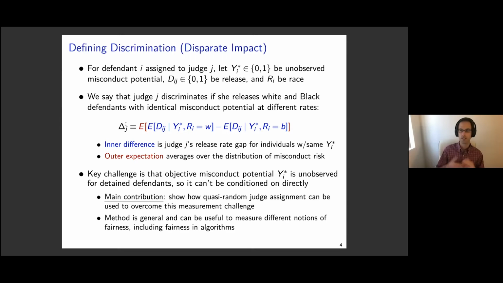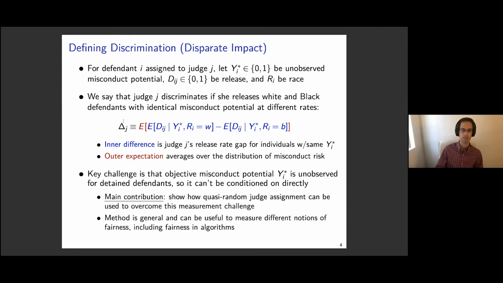Estimating those type 1 and type 2 error rates is actually the exact same selection problem here, in that you need to identify outcomes for defendants that are censored. So if you have a different notion of fairness, but it depends on true qualification rates, this procedure that I'm going to go through can be adapted in order to estimate that.